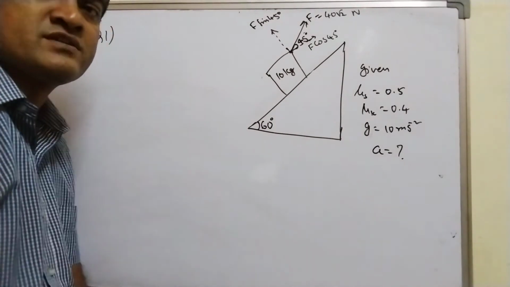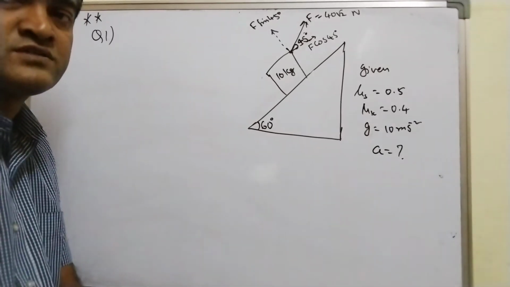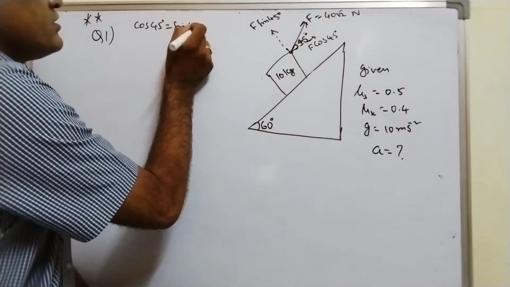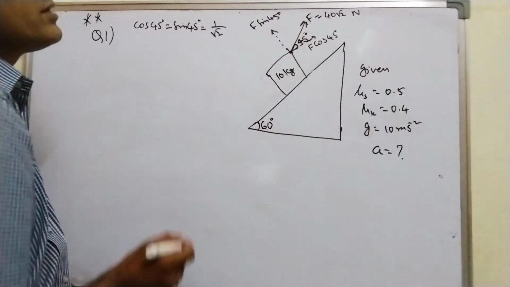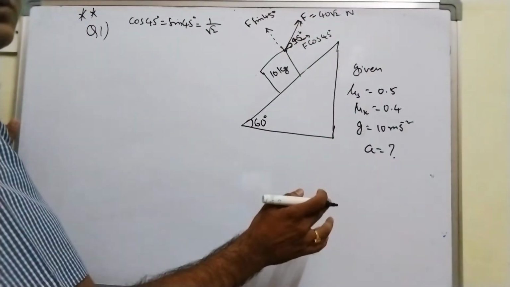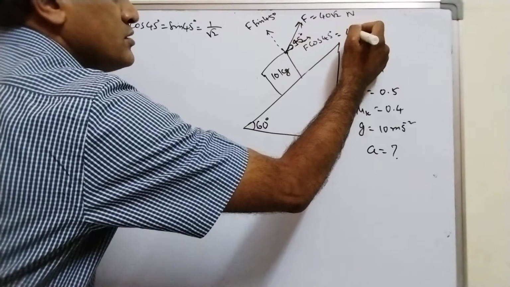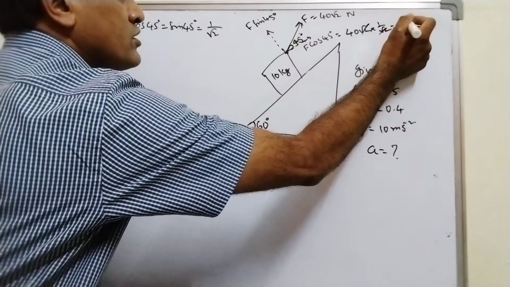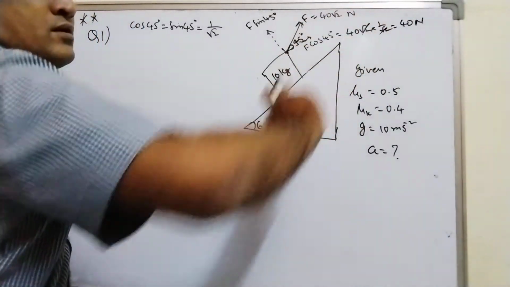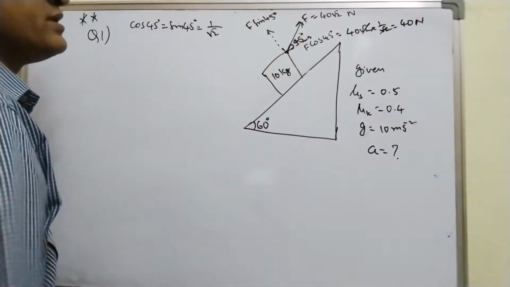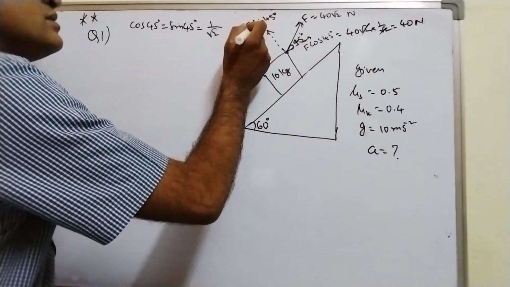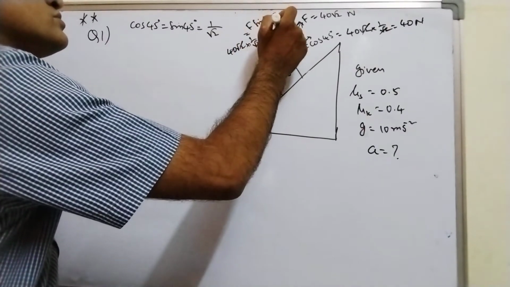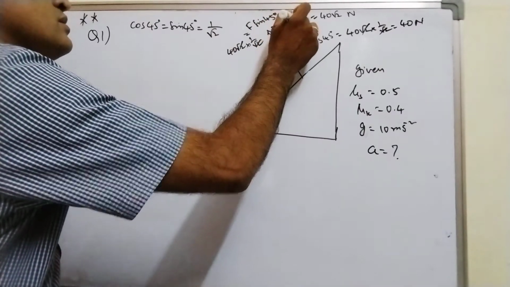Values of cos 45 and sin 45 are each 1 by root 2. Value of force is given as 40 root 2 Newton. So 40 root 2 into 1 by root 2 comes out to be 40 Newton along the inclined plane in the upward direction. What about F sin 45? This is also the same, 40 root 2 into 1 by root 2, so this also becomes 40 Newton.